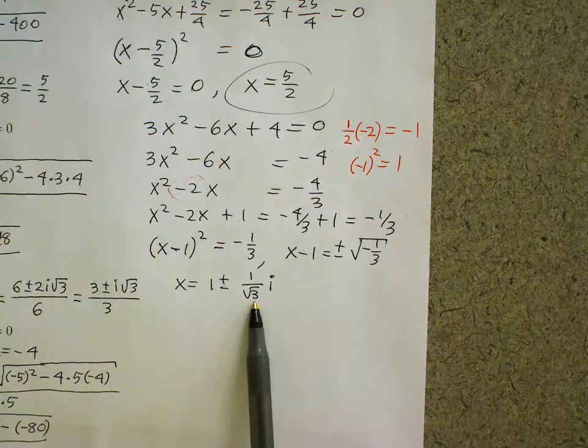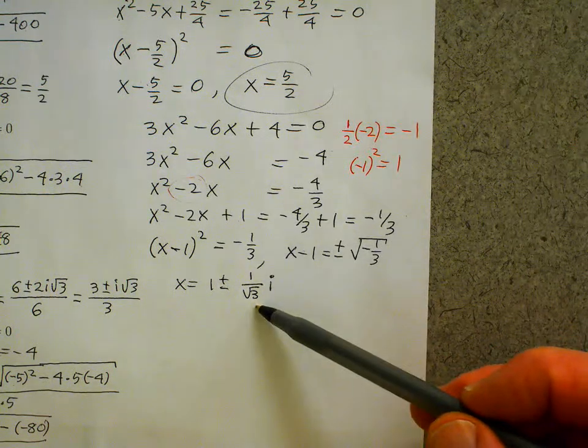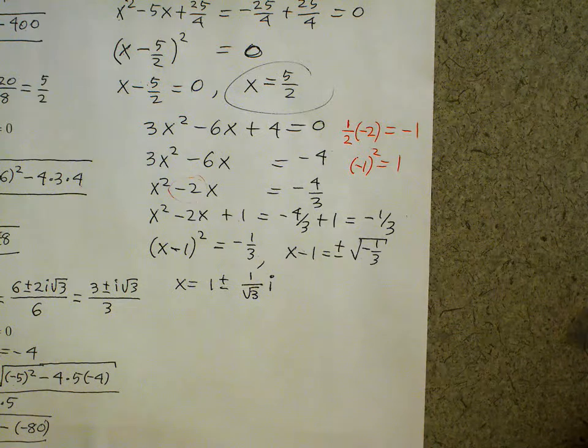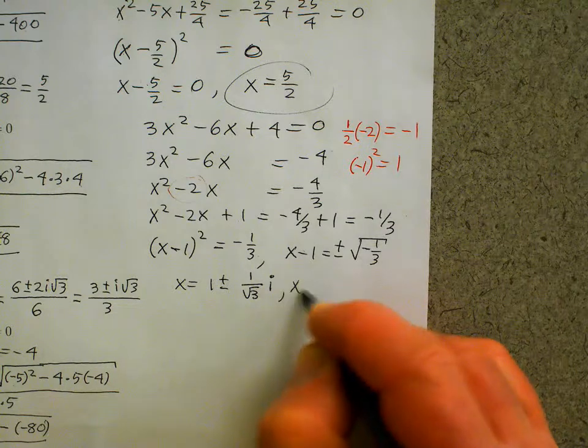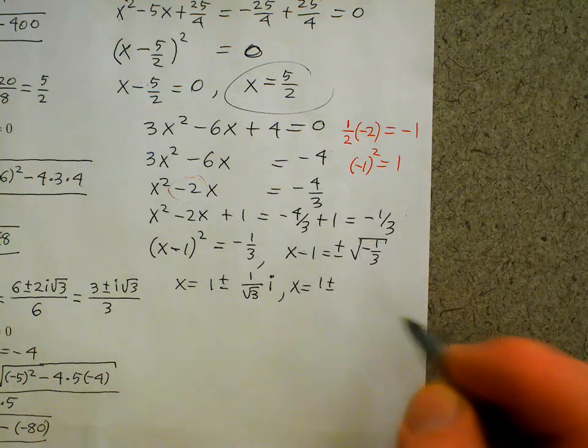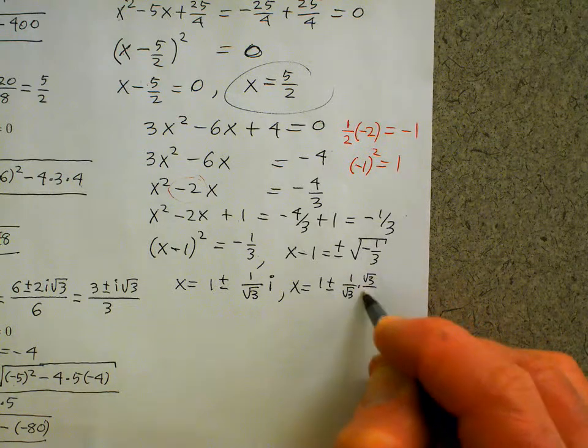And then to rationalize the denominator, we have to multiply 1 over the square root of 3 by 1 in the form square root of 3 over the square root of 3. So 1 over the square root of 3 times the square root of 3 over the square root of 3 times i.